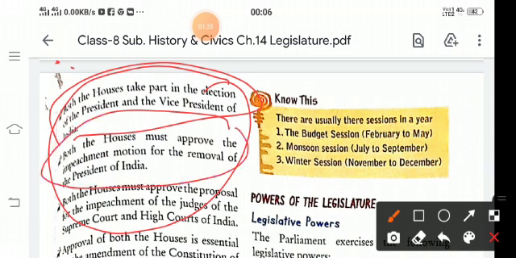Both the houses approve the impeachment motions for the removal of the president of India. So they have a right to elect the president of India. They have the right for the impeachment for the removal of the president of India. Even they have a right of approval and impeachment for the judges of the Supreme Court and High Court of India.